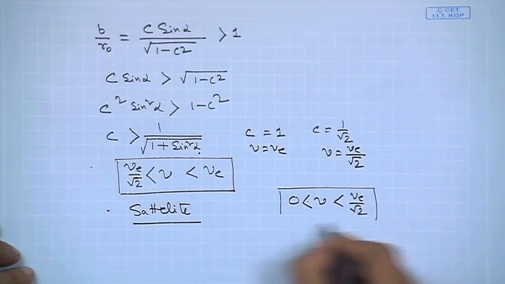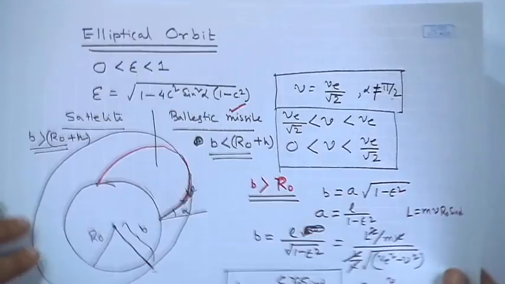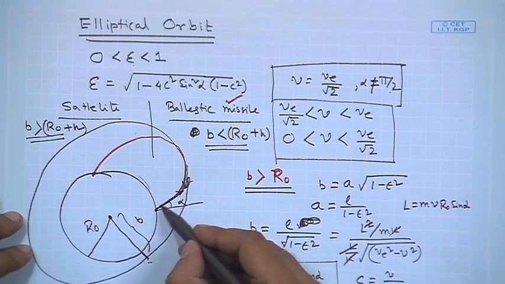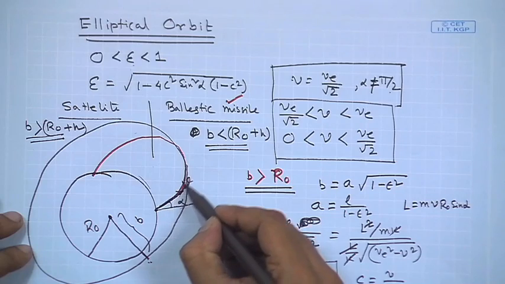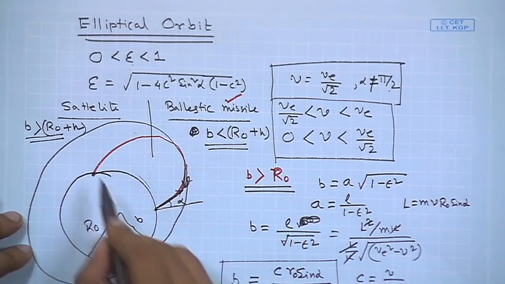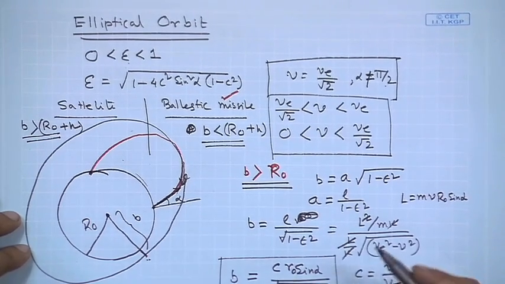And for this particular case, as I have discussed already, as the length of the semi minor axis is less than r 0, the object which is projected from earth will come back and hit the earth's surface at some point. And this particular case, as we have discussed, is called the ballistic missile.